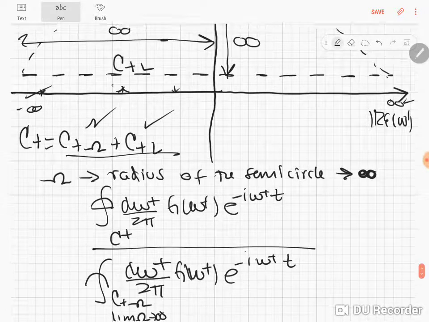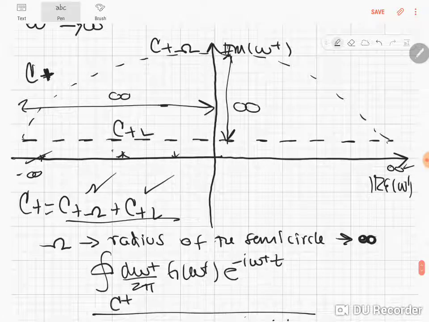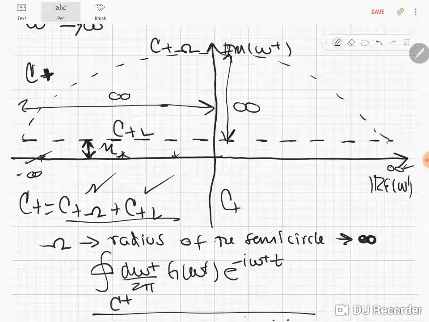And then, since we have chosen this line to be infinitesimally above the real axis, that means that the contour C plus L goes from the point minus infinity, comma, eta to plus infinity, comma, eta, where eta is infinitesimal.